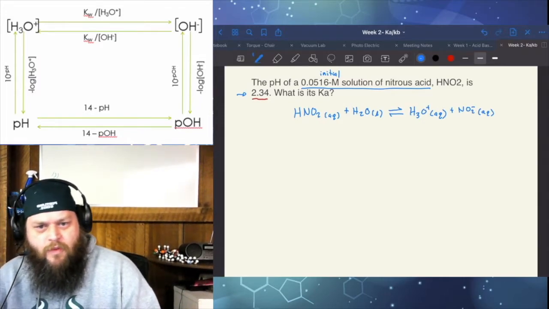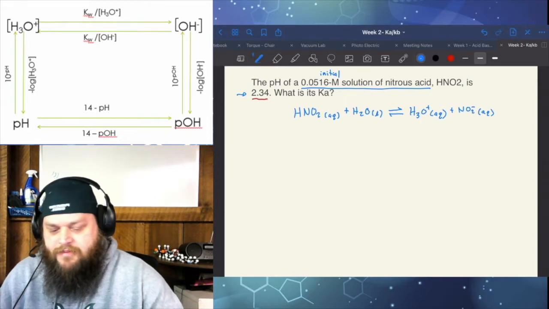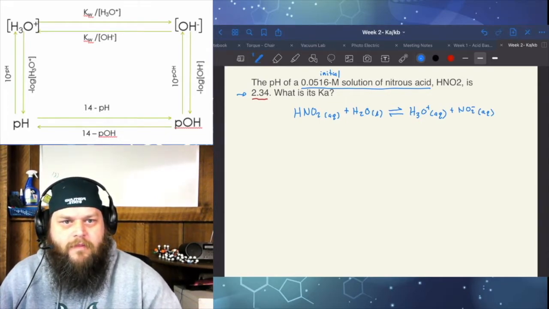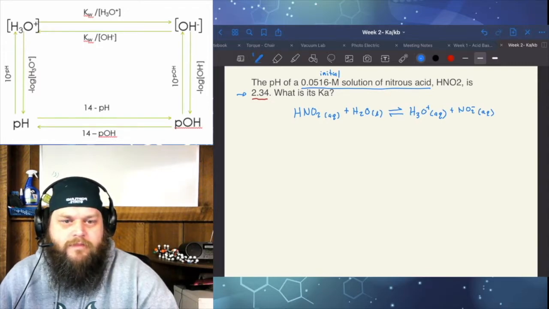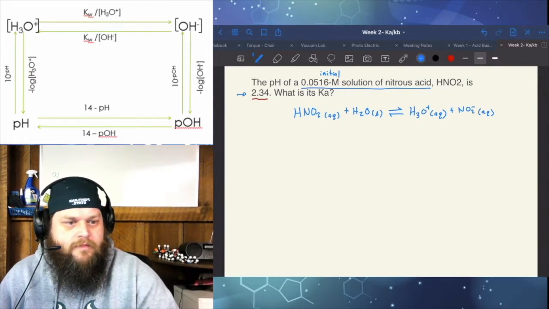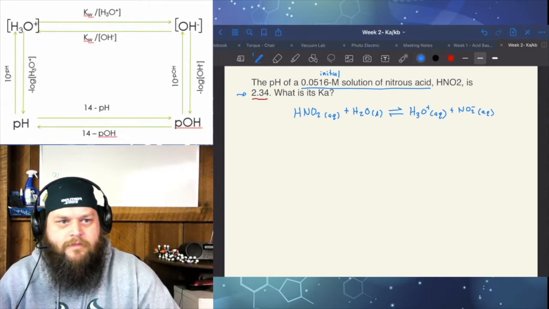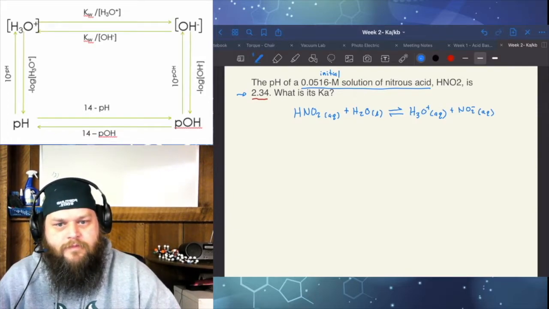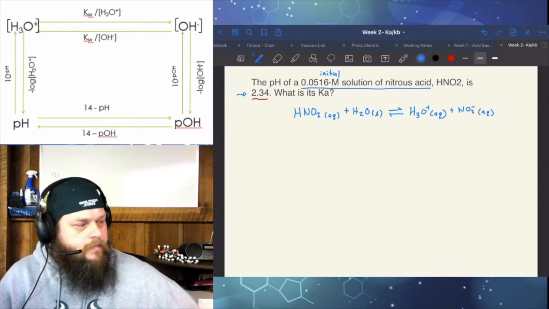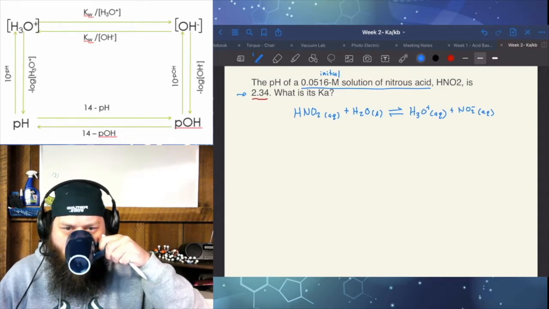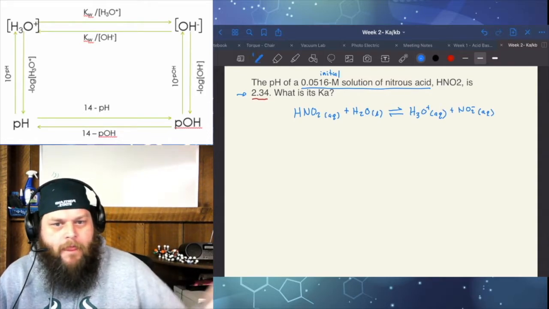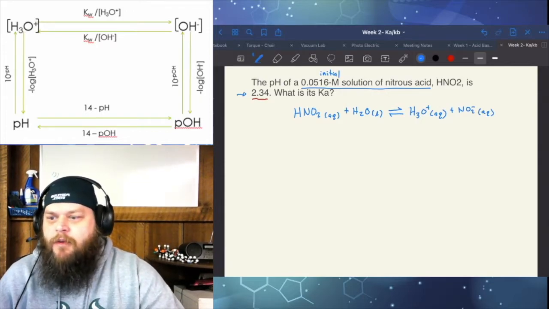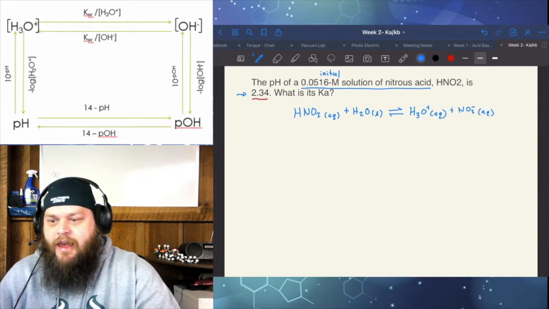So to find the pH, which equation should we be using in this case? The ice table, we definitely want to use the ice table to find the Ka value at the end of this.